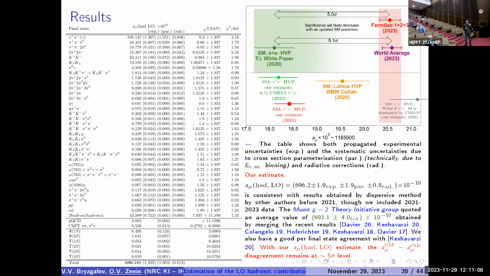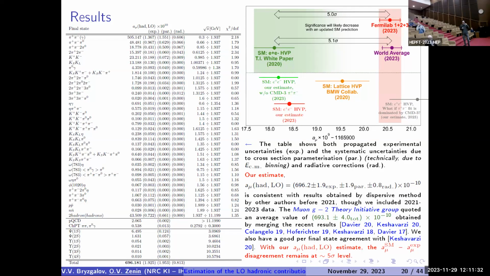It should be stressed that even with inclusion of CMD3 data, the tension between the standard model prediction for g-2 divided by 2 and its experimental value remains at the 5 sigma level. So the problem is not cured by CMD3.